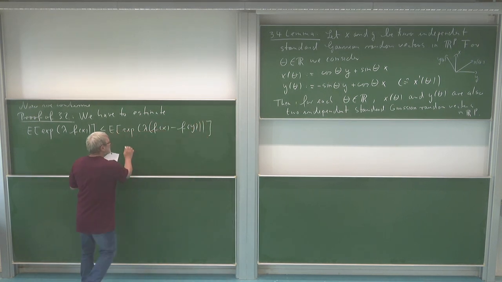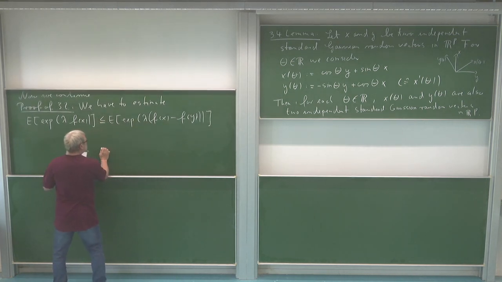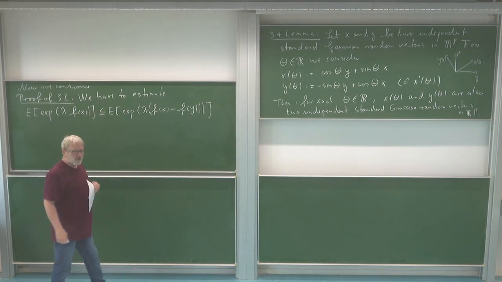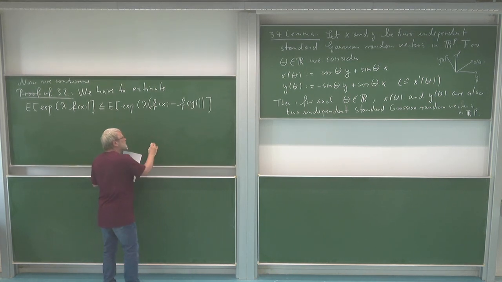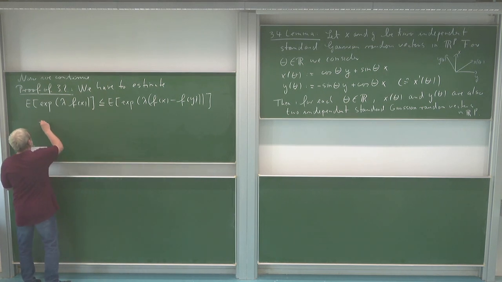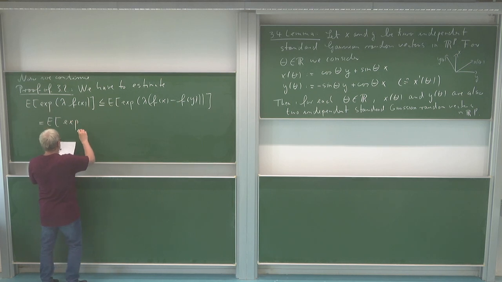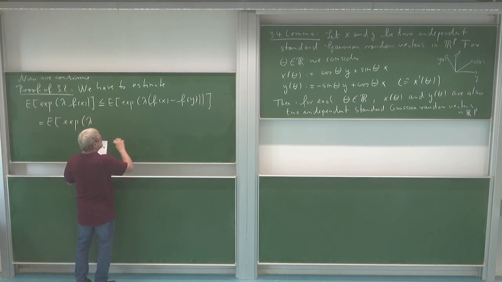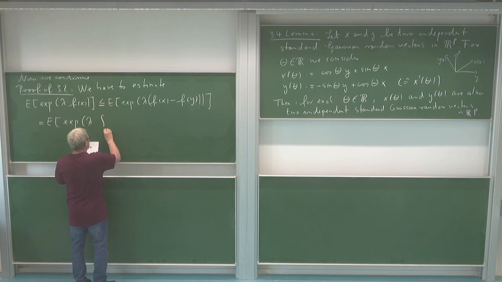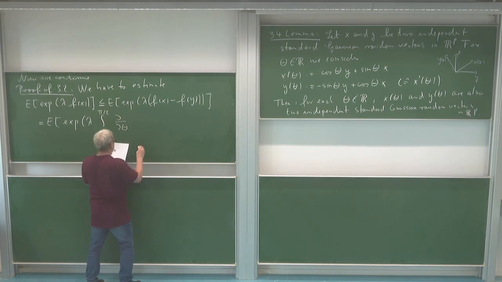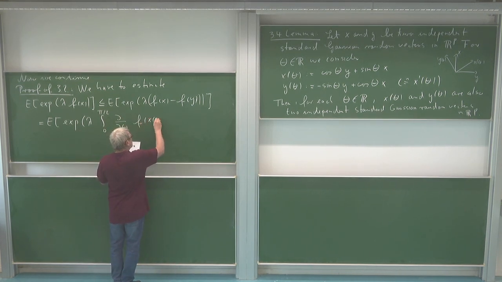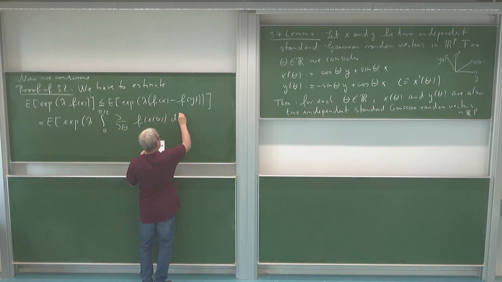Okay, and then we also rewrote this as the integral over the derivative, where I also choose a path which connects x and y. So this I'm also writing as the expectation of the exponential of lambda, and then this difference of x and y I'm writing as the integral from 0 to pi over 2 of the derivative with respect to theta of f of x theta d theta.